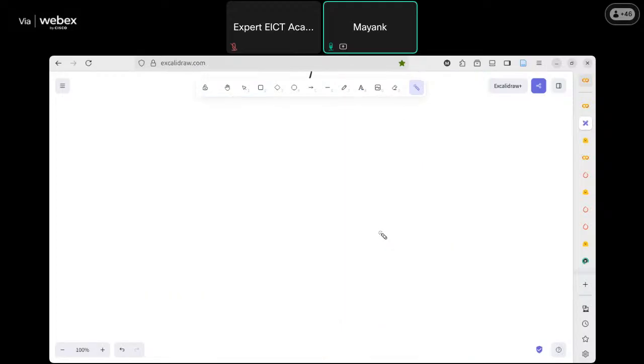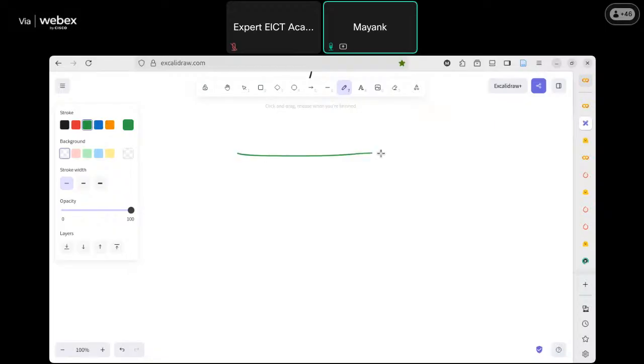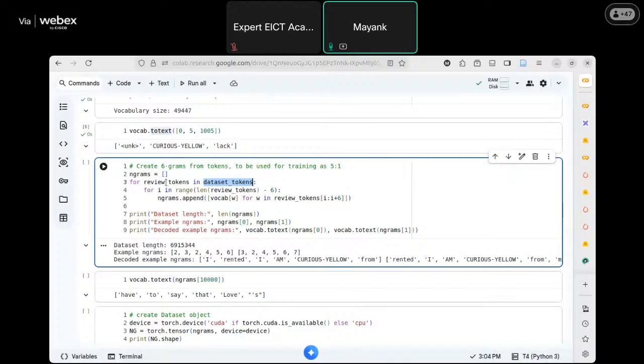So for example, if we have an array, we want to find the first sequence of 6, then the second sequence of 6, then the third, the fourth, and so on. So this will be element 1 to element 6, then element 2 to element 7, then element 3 to element 8, and so on. That is exactly what we are doing here.